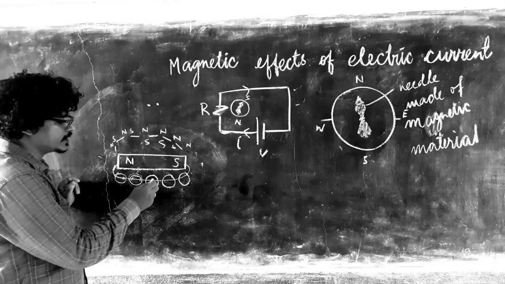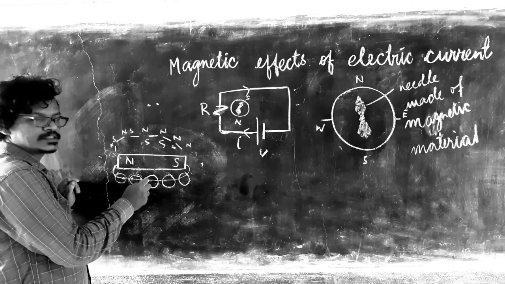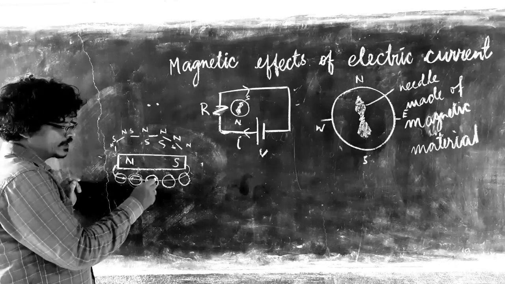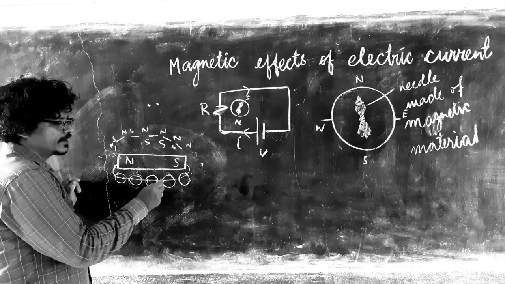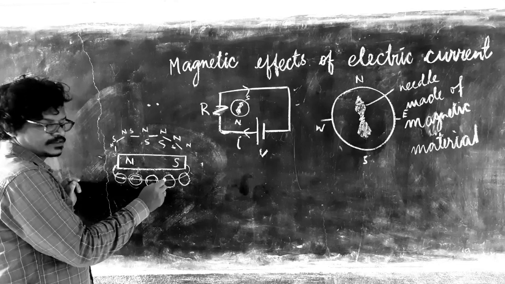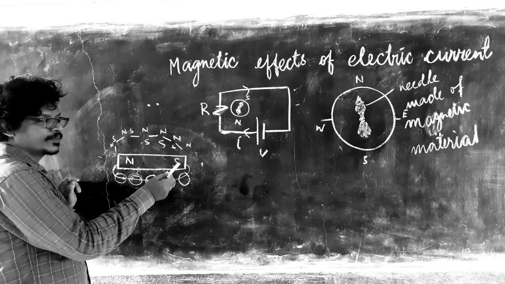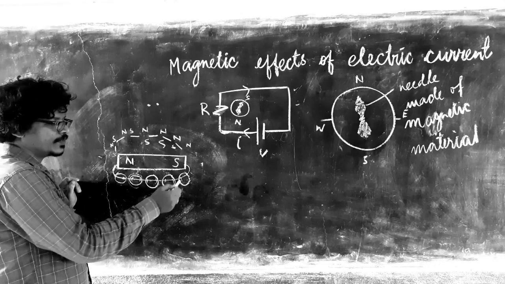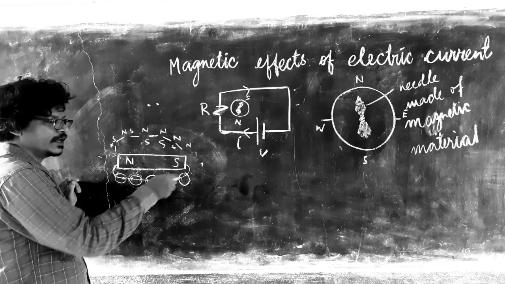Similarly, keep on experimenting. You will find that this side is again the south part of the magnetic needle and this side is again the north part, and so on.